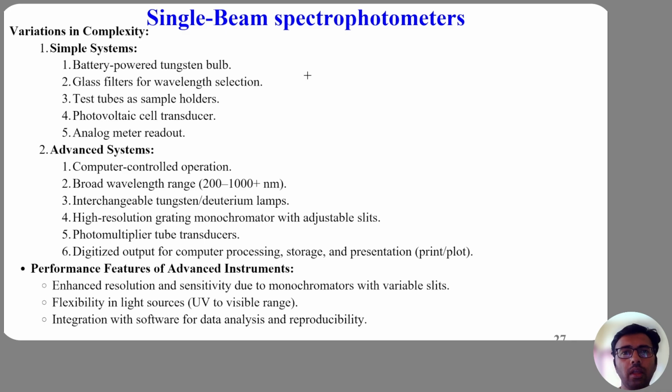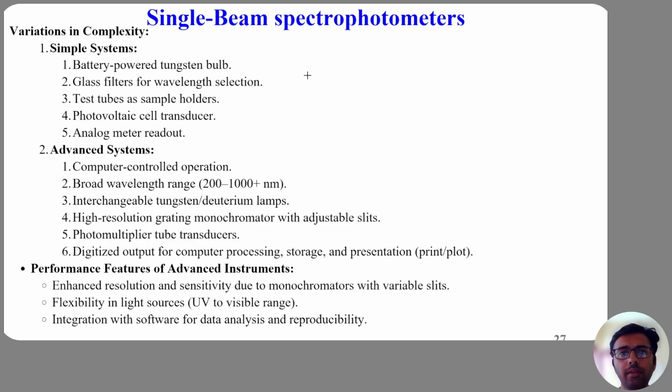At the simplest level, teaching laboratories use basic systems. These may include battery-powered tungsten lamps, colored glass filters, standard test tubes, photovoltaic detectors, analog meters. They are inexpensive, robust, and easy to operate, but precision is limited.